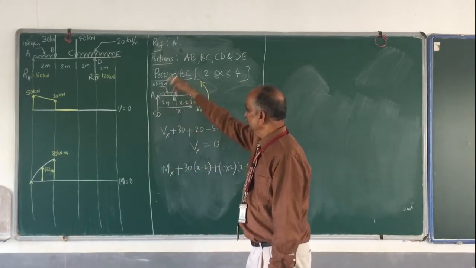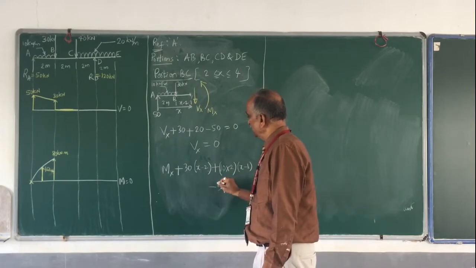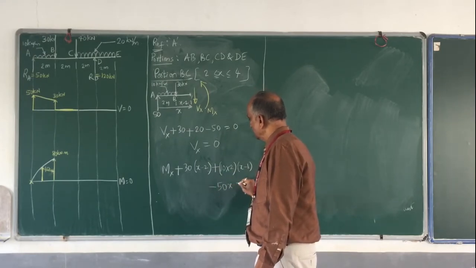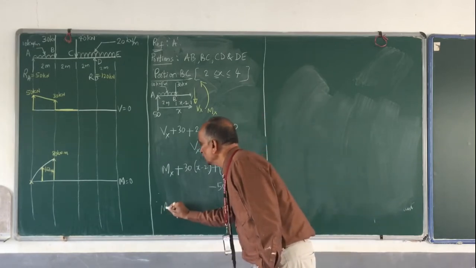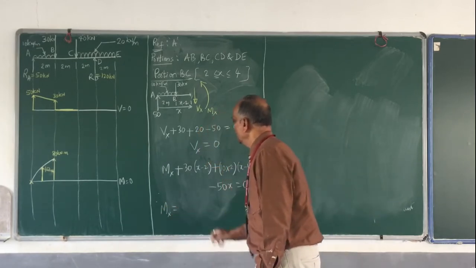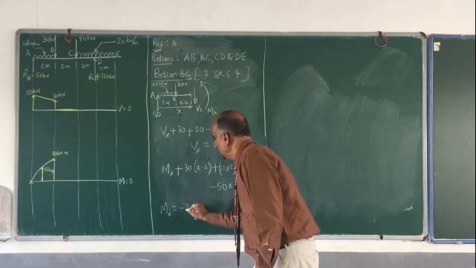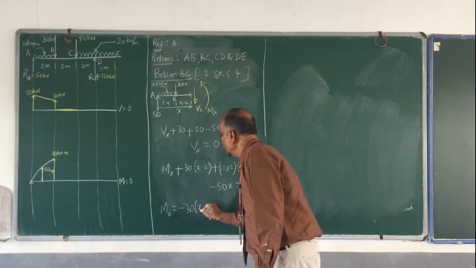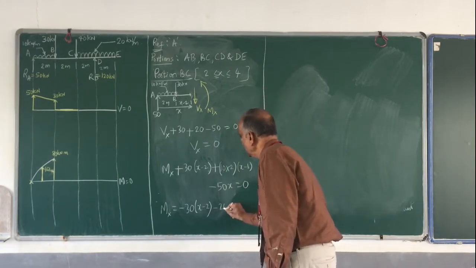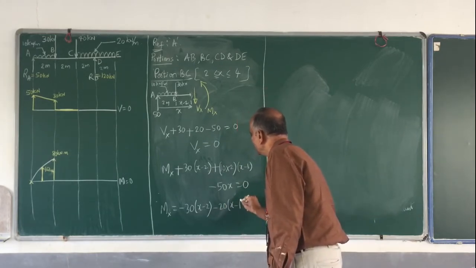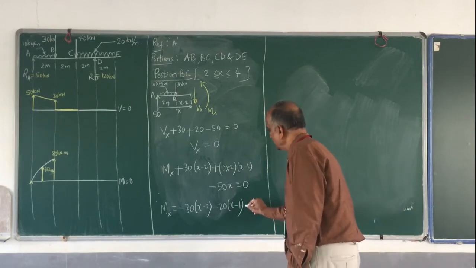Then this 50, it is minus 50 multiplied by x. This is equal to 0. Therefore, Mx is equal to minus 30 into x minus 2, minus 20 into x minus 1, plus 50x.